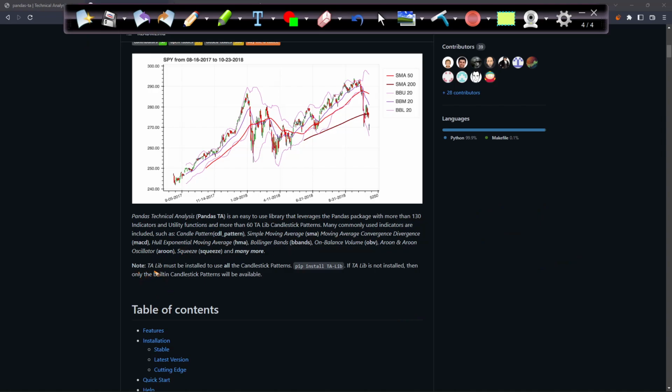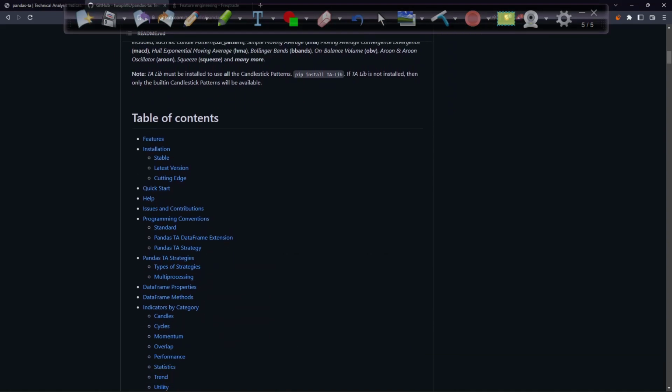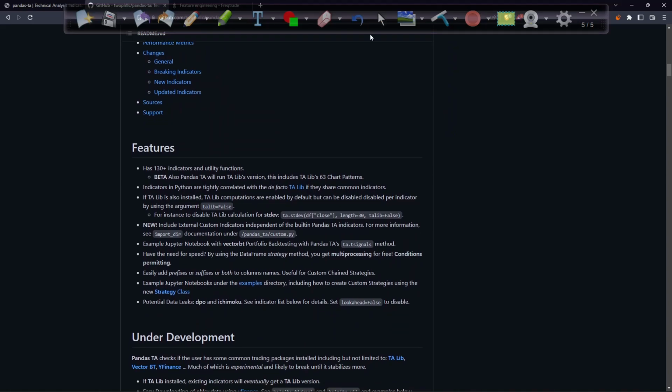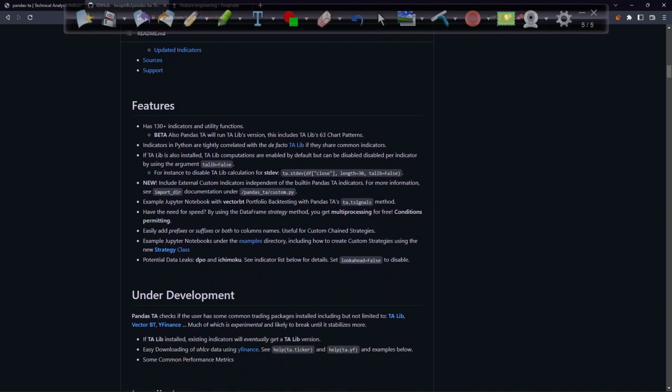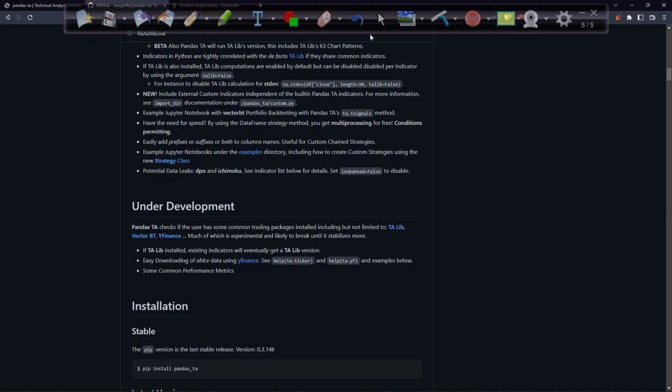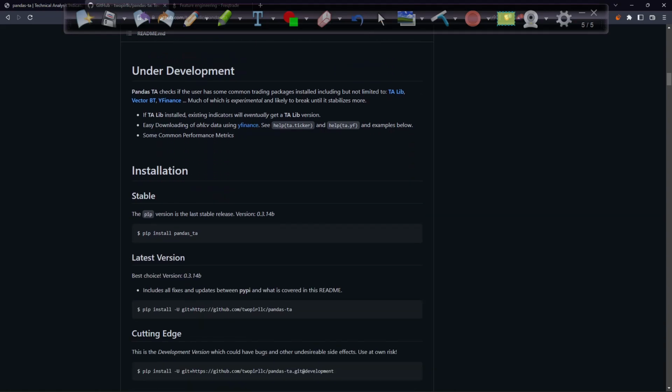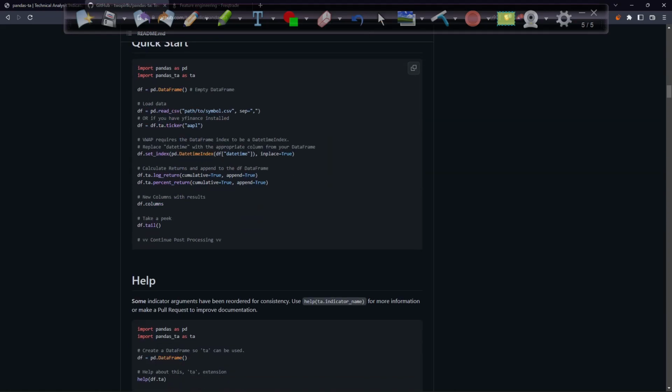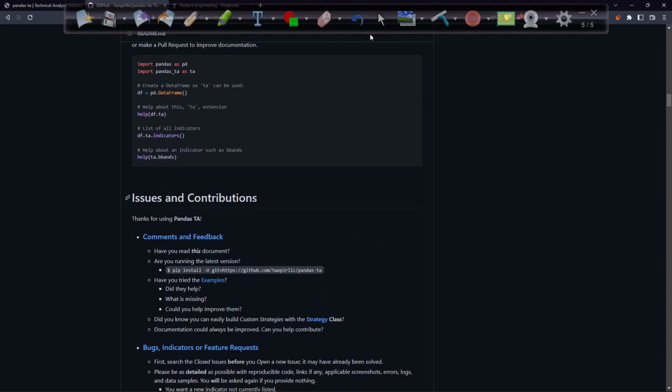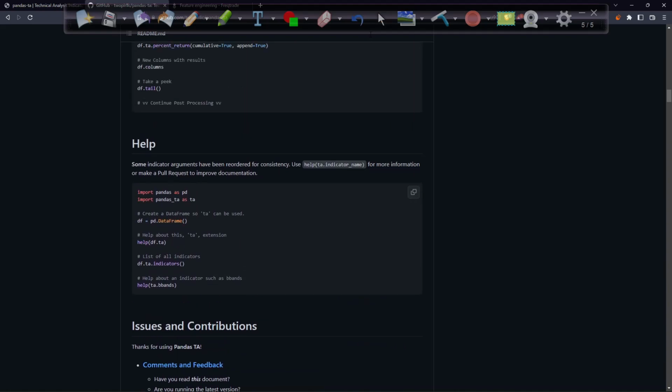Here they are saying that TA-Lib must be installed to use all the candlestick patterns. So let's see what they have. This is all the latest notes there.